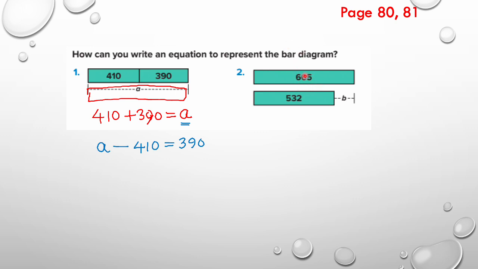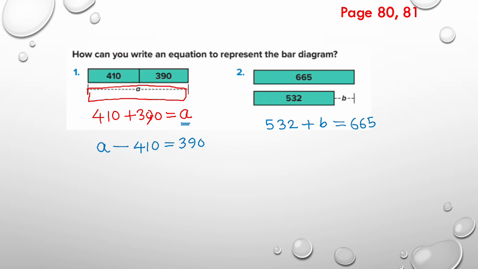So here you can see the biggest one is 665 and the two parts are 532 and B. So B is a number which is small, not big. So when you write the plus addition equation, you need to write with the smaller ones. 532 plus the letter B equals the big one, the answer, 665.